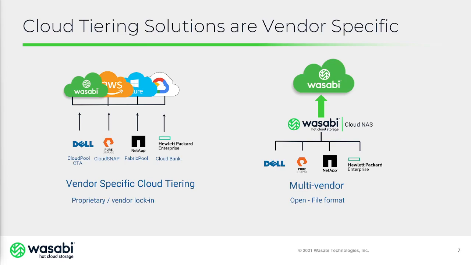Whereas the Wasabi Cloud NAS is open, multi-vendor, and in an open file format. So as long as we can access the SMB or NFS shares from the file system, then we can synchronize that data quite happily. And the data lives up in our cloud in its native hierarchical file format.